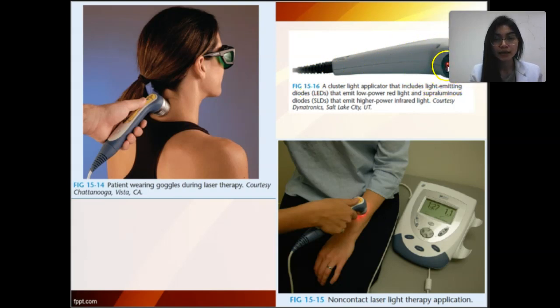Yung laser head, this one, almost the same siya of how the ultrasound head looks like. So, wag malilito when faced with a machine for laser and machine for ultrasound, because what we have in the school is almost look alike sila kasi parehas sila ng adjustments ng mga buttons. Parehas sila.